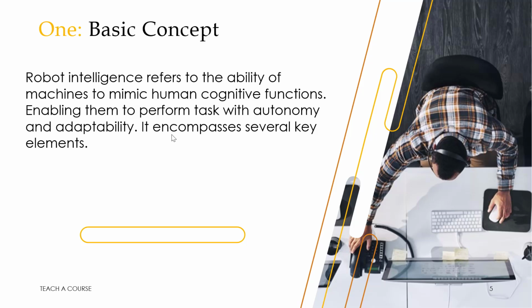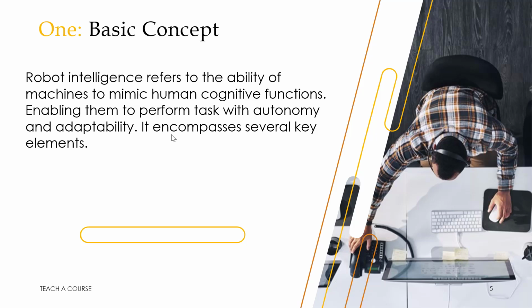The sixth one is problem solving. Robots can tackle complex problems by breaking them down into smaller tasks and employing algorithms to solve them. Context awareness: robots understand their environment and adjust their behavior accordingly, accounting for dynamic changes. The next key element is collaboration.